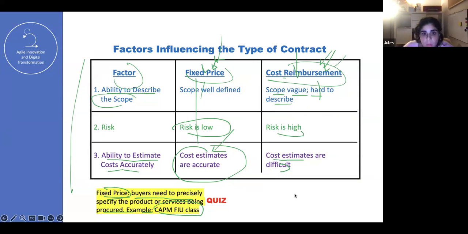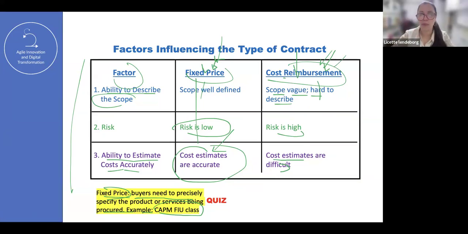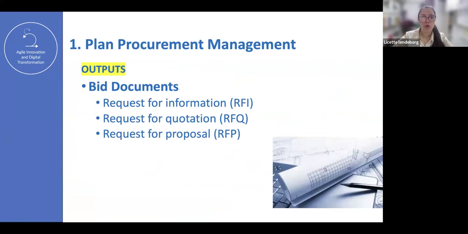All right. So pay attention, because I want to close the topic telling you that when you're planning procurements, you need to create a couple of documents. That is the only tricky part of this topic for the exam. Bid documents. RFI. What is that? Let's say RFI is when you don't know anything about the thing that you need to buy.